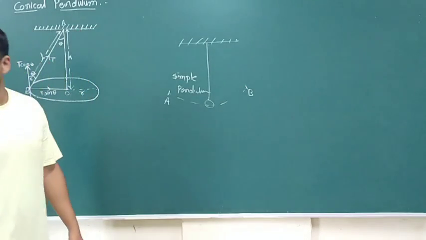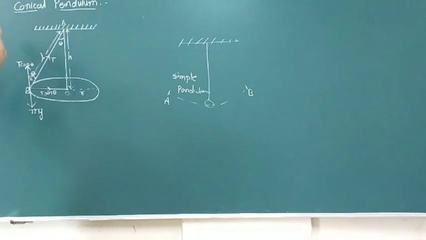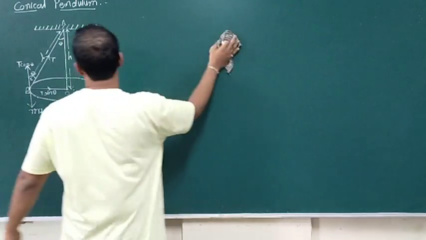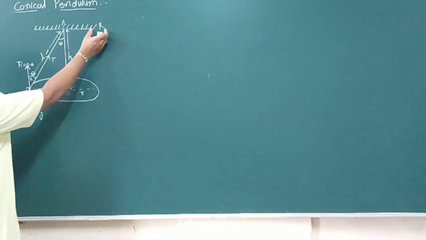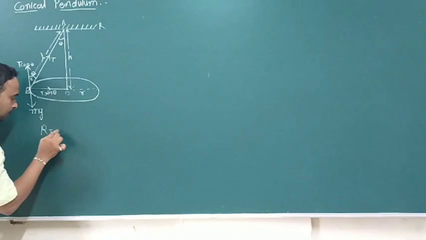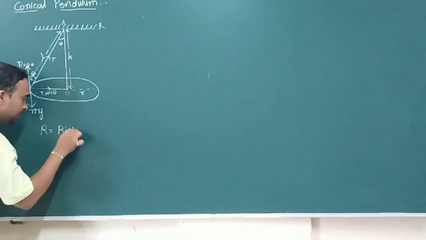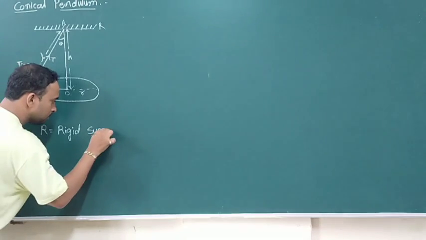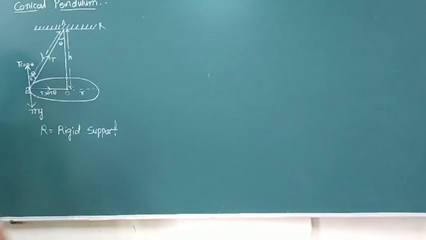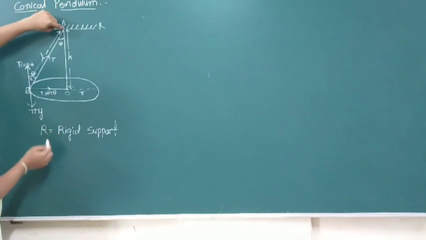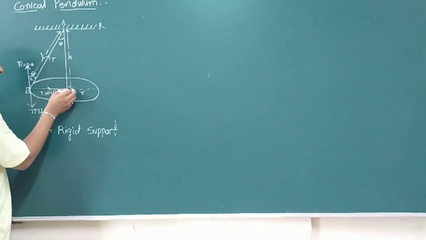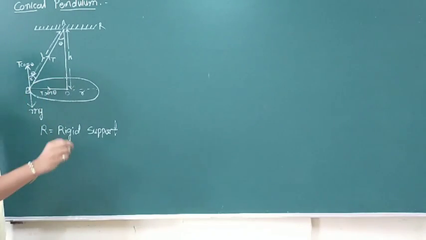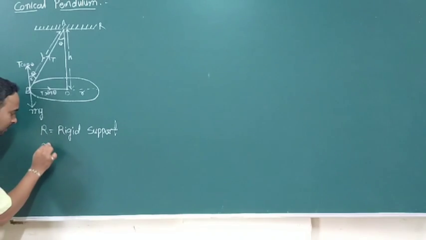Now we study what is meant by conical pendulum. Let R be the rigid support. One end of the string is attached to the rigid support, and another end is attached to the bob or any object of mass m.